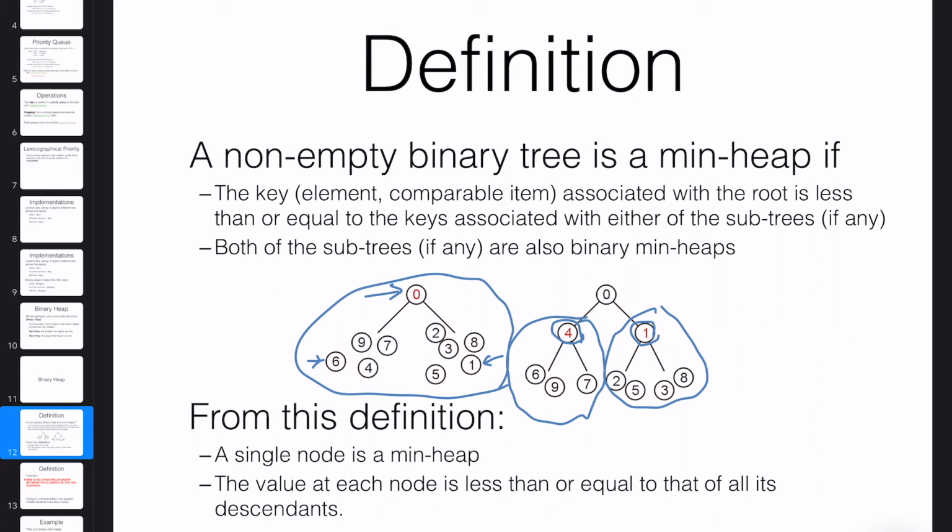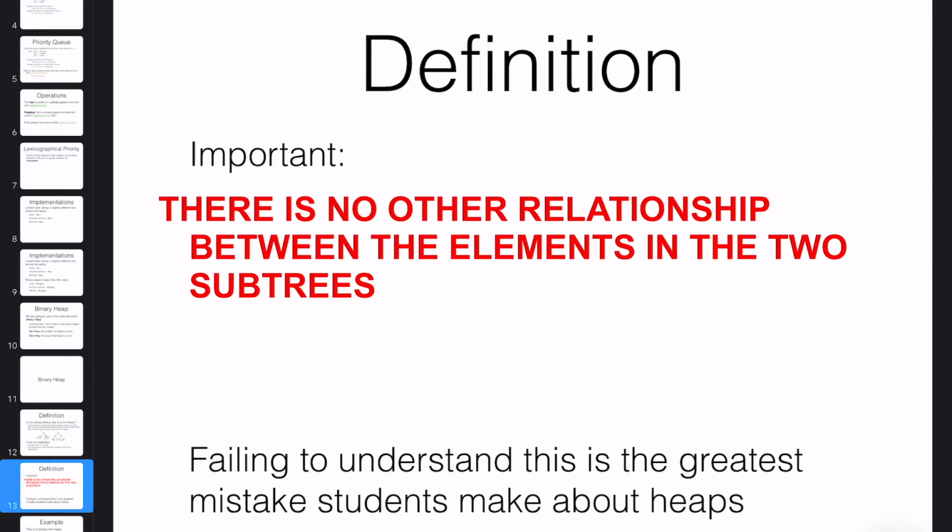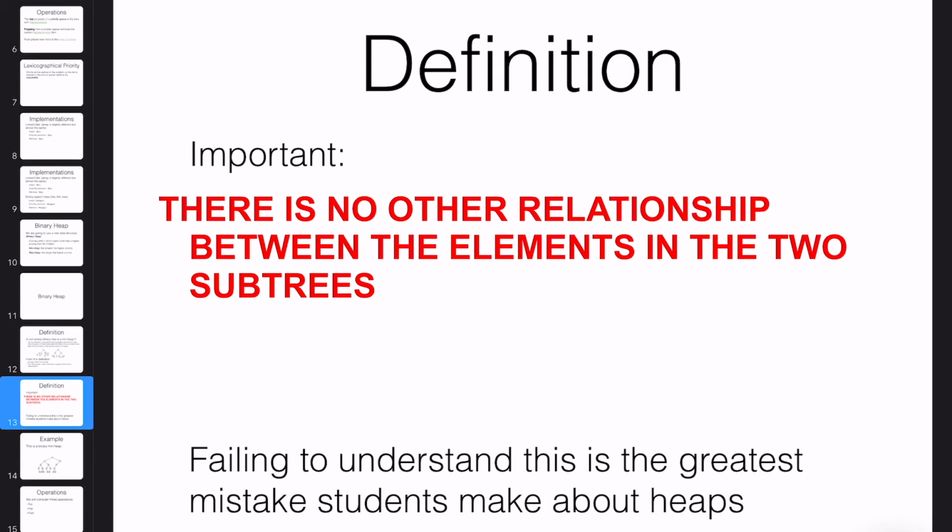So for every subtree, the value at the root of that subtree is the smallest one among all the items. This is very important because most of the time, if you're confused about binary heap, binary search tree, and binary tree, it just comes from this definition. Okay, just make sure that you get yourself familiar with this definition.